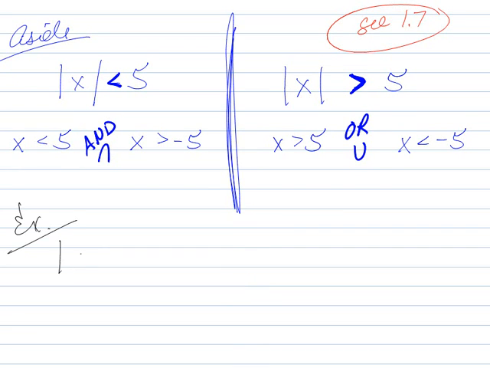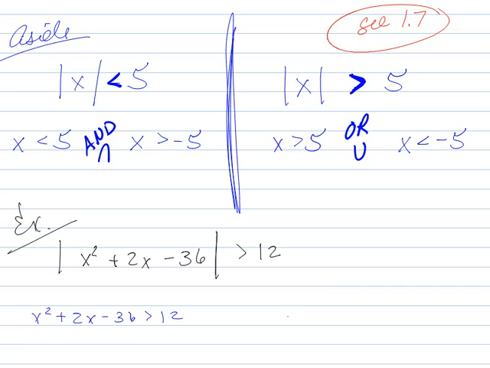So say we had x squared plus 2x minus 36 greater than 12. So that means we'll write it once: x squared plus 2x minus 36 is greater than 12.